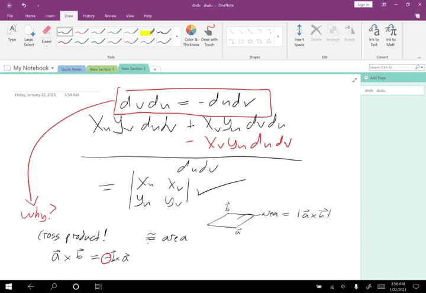Right? And this du dv is actually, it represents an infinitesimal area. Okay? So this du dv, you could think of it as like a cross product.